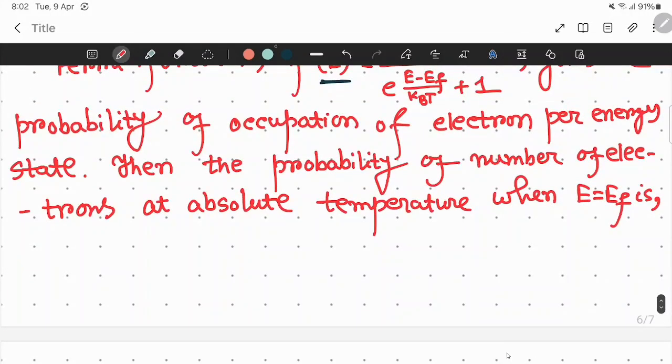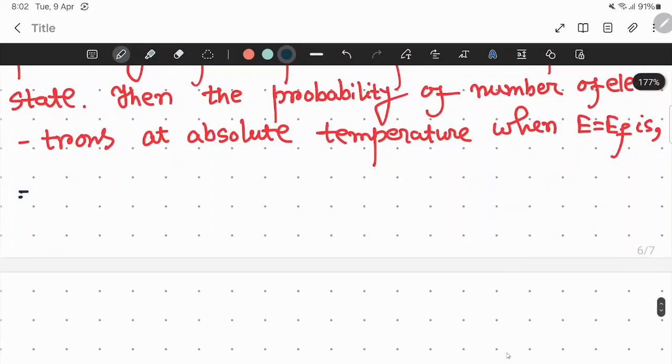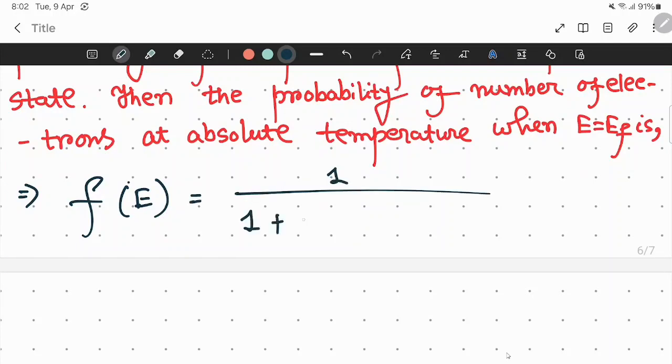Okay, so first, what does the Fermi function mean? That F(E), FD, a Fermi distribution function or Fermi function, is 1 by 1 plus exponential of (E minus EF) by kBT.